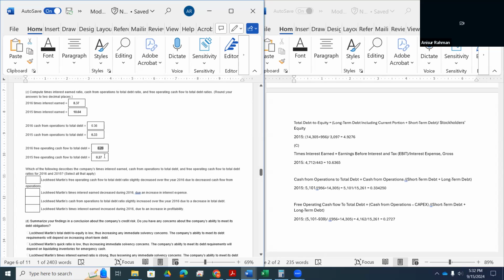That is not true, it actually increased. Lockheed Martin's times interest earned decreased during 2016. That is true. Yes.